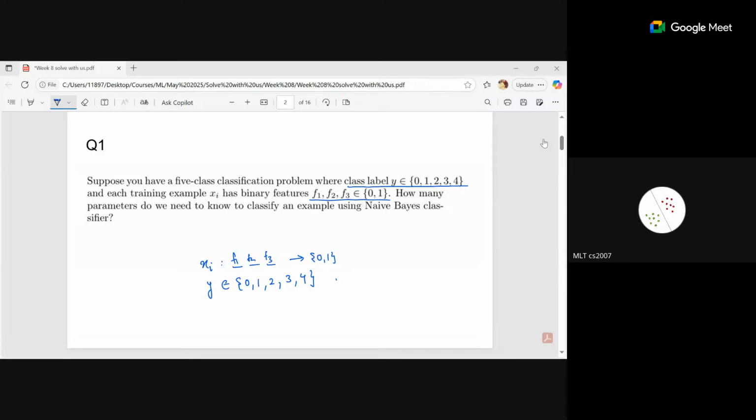Four plus 15 is equal to 19. Okay, 19, ma'am. So many of you got the answer to be 19, and yes, that's correct.